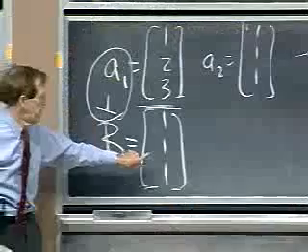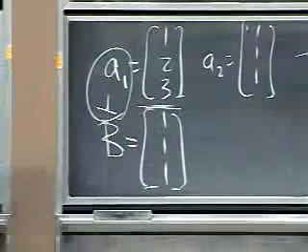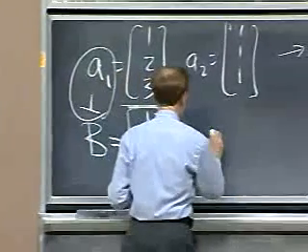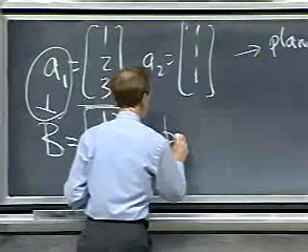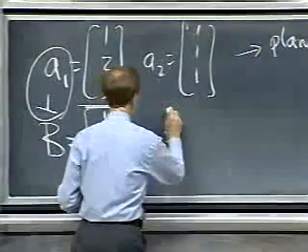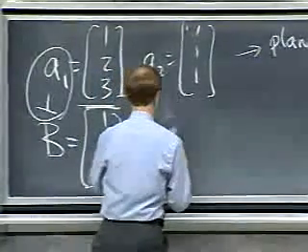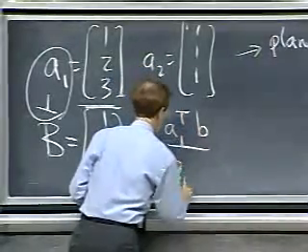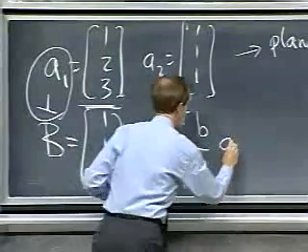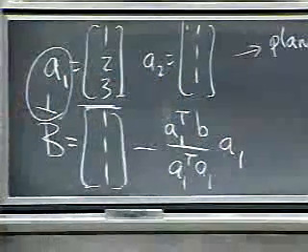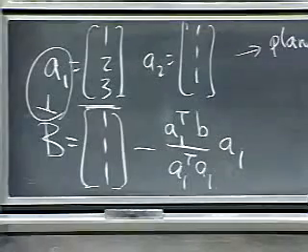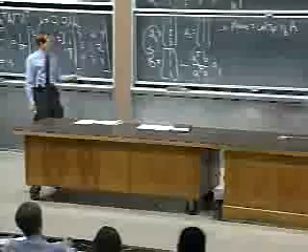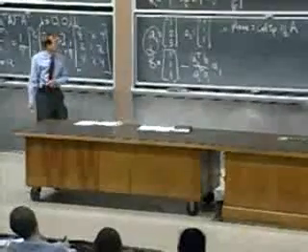But that 1, 1, 1 is not perpendicular to A1, so I have to subtract off its projection. I have to subtract off A1 transpose B over A1 transpose A1, that multiple of A1, I've got to remove. So I just have to compute what that is, and I get a vector B that's orthogonal to A1.